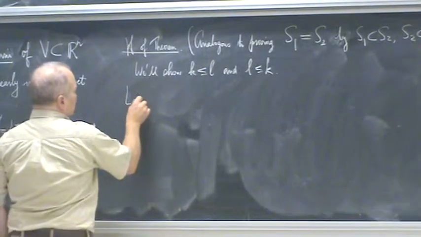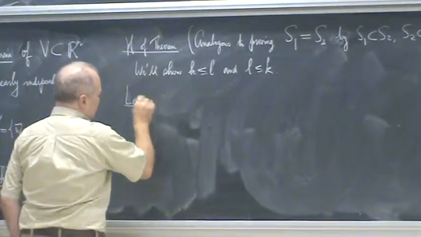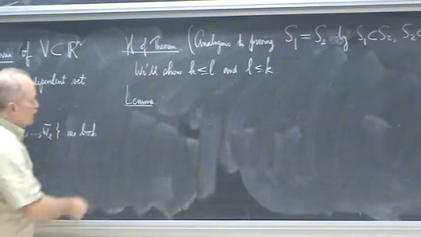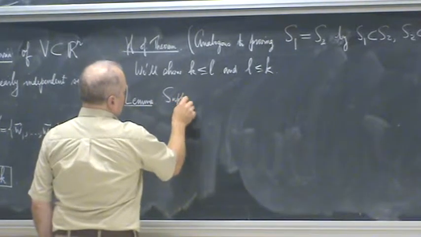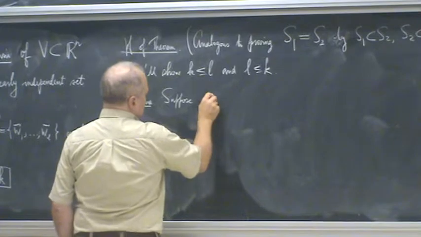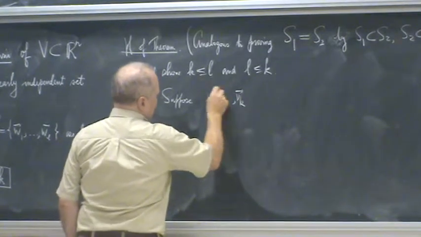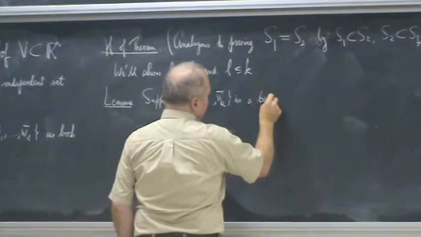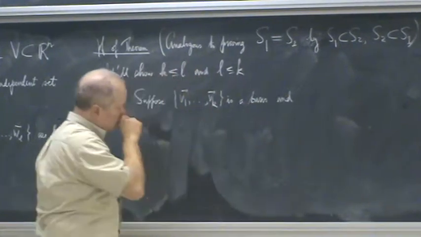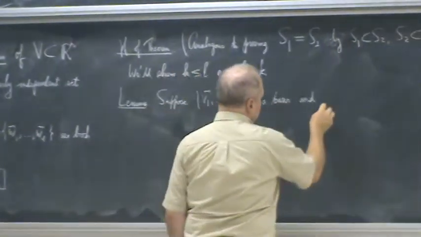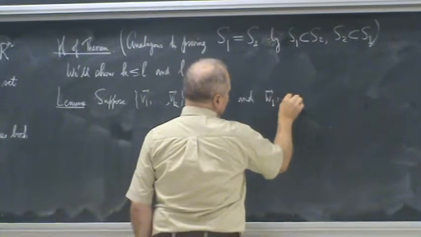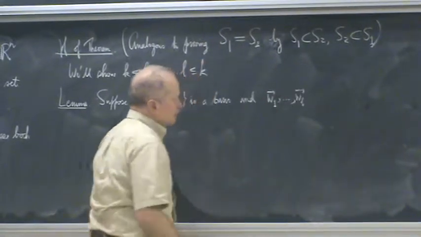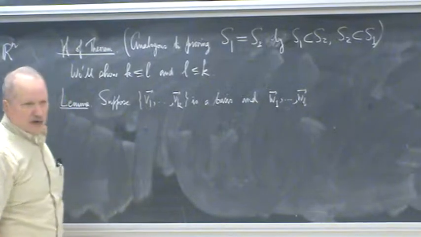So here's the basic setup for it. Suppose that you have a basis, and you have another set of vectors with L vectors.